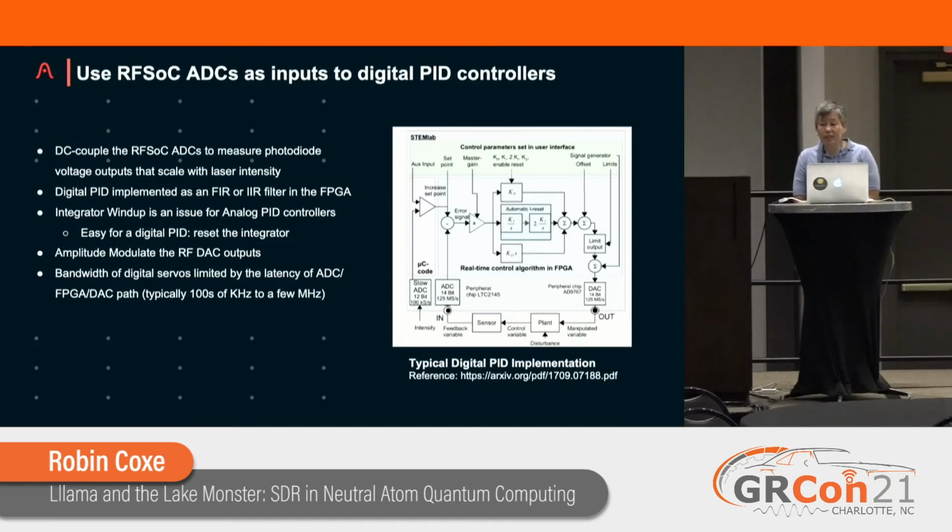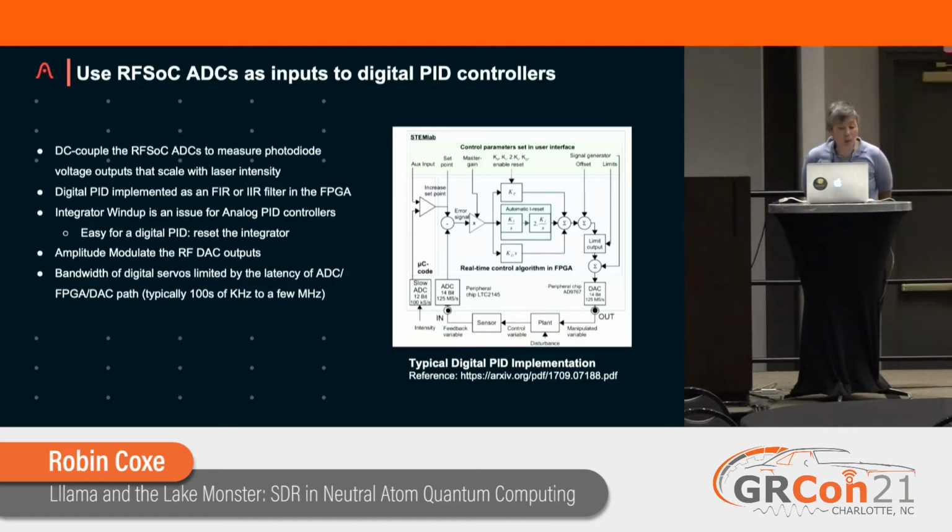So the RFSoC also has 8 ADCs, which were originally put on the chip to act as a receiver for a base station, for instance. But we're actually using them. We have DC coupled them, and we're using them to measure photodiode voltage outputs that scale with laser intensity. So it's massive overkill for the RFSoC ADC, but they're there and it works, so we use it.